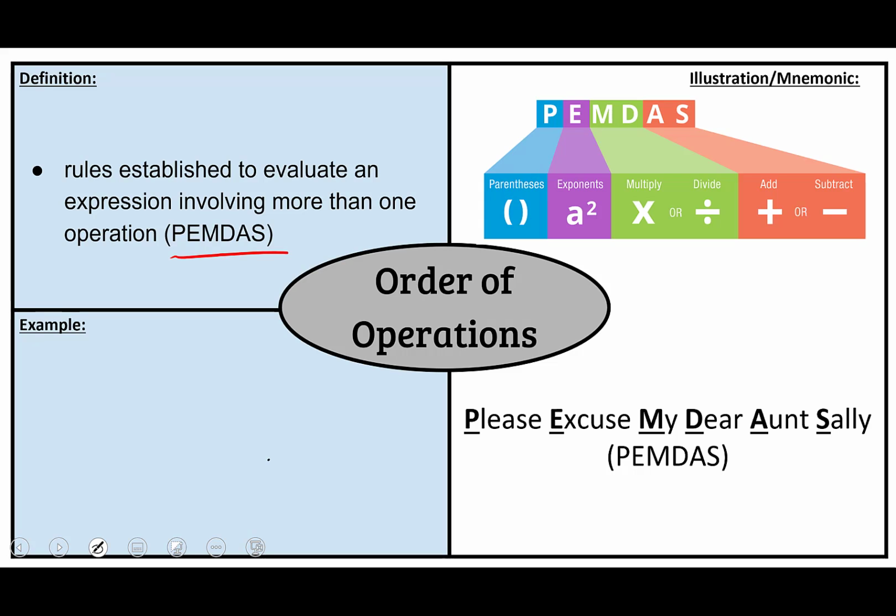The order in which we evaluate expressions: we take care of the parentheses in an equation first, then we take care of any exponents, that is the E in PEMDAS. After that, working typically left to right is how I like to approach it, we can take care of any multiplication or division that is going on within the expression.